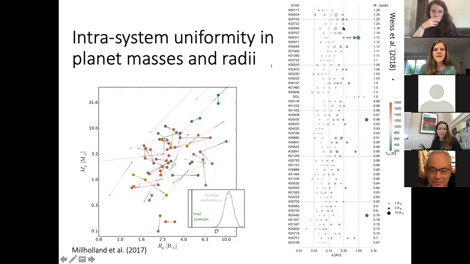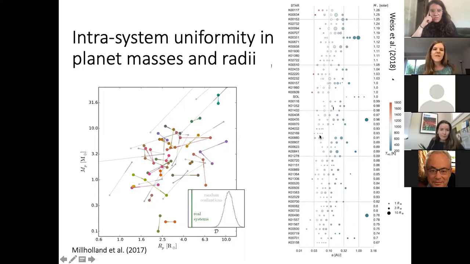So this is fairly easy to see for the radii on the right, where if you scan your eyes through these various systems, you see that the planets tend to have similar radii as their neighbors, more so than they would if you were to just assemble systems randomly from the population. And this depiction also shows the tendency for uniform orbital spacing fairly well in addition.